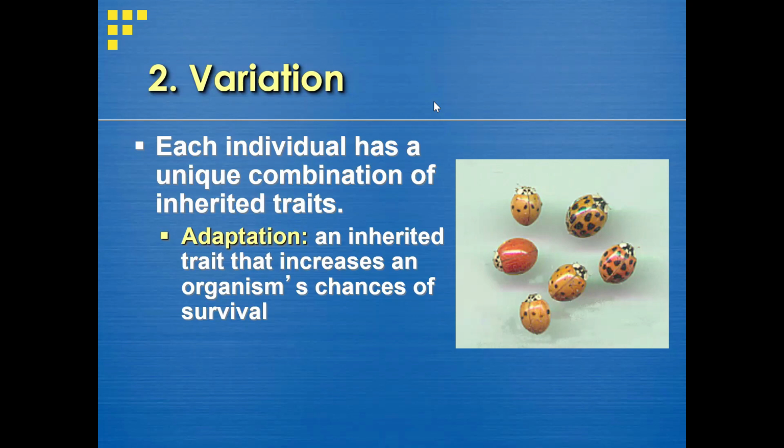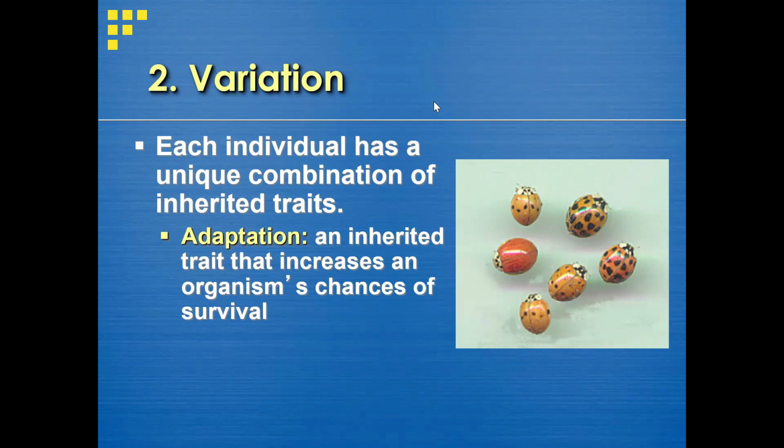But my ability to survive in that particular environment is what you call adaptation. But we are varied. There is that variation between us. So an inherited trait that increases an organism's chances of survival is what you call adaptation.